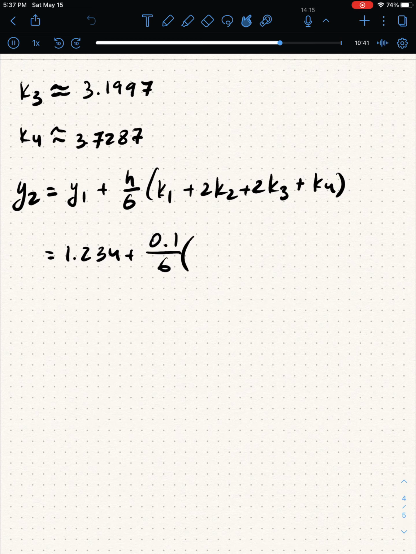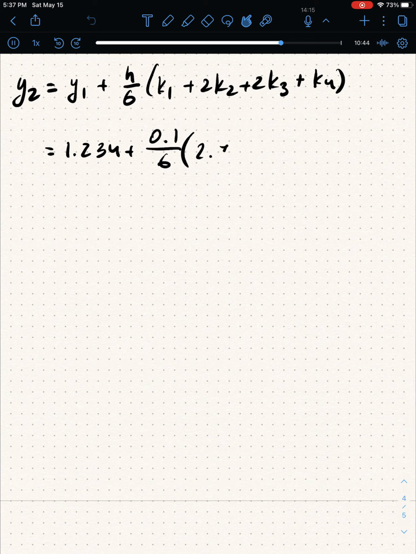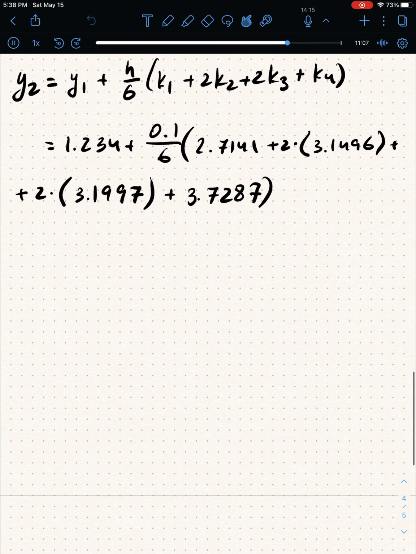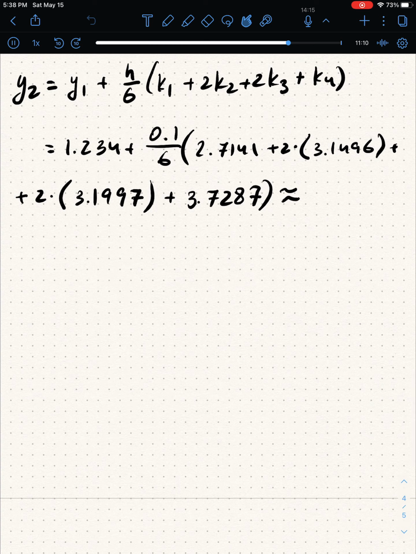We know our K1 is 2.7141 plus 2 times our value of K2, 3.1496, plus 2 times 3.1997 plus our fourth K. When we plug it into a calculator, we get our new value of Y to be 1.5527. Now, look at how lengthy the process is.